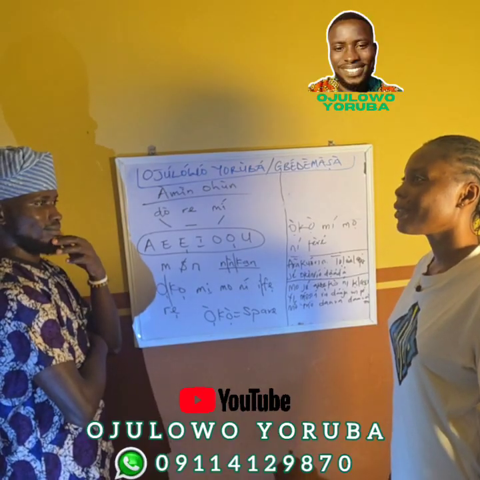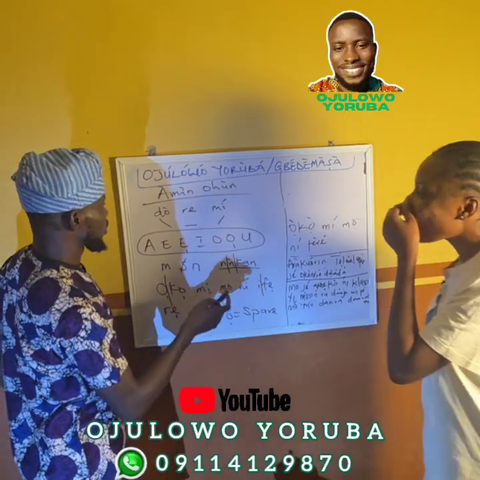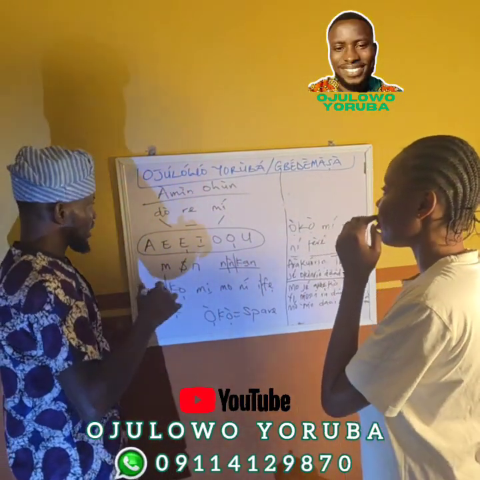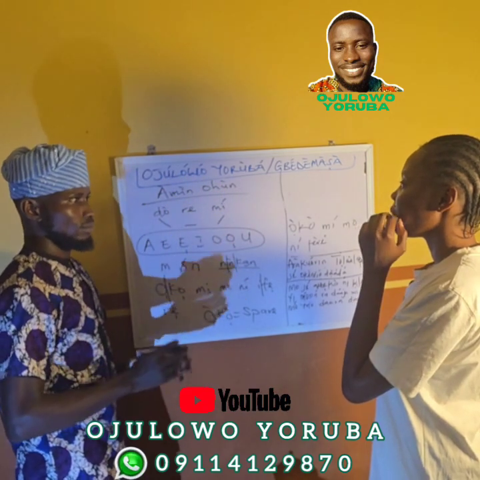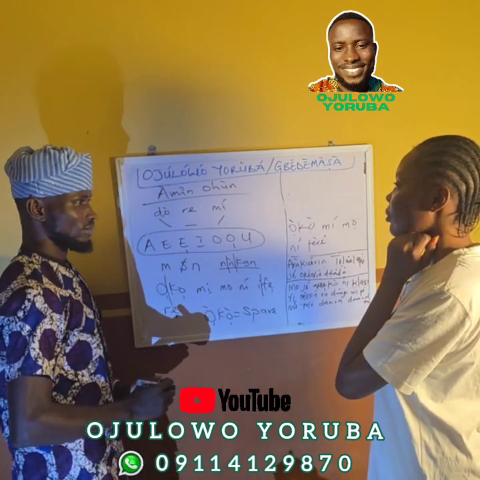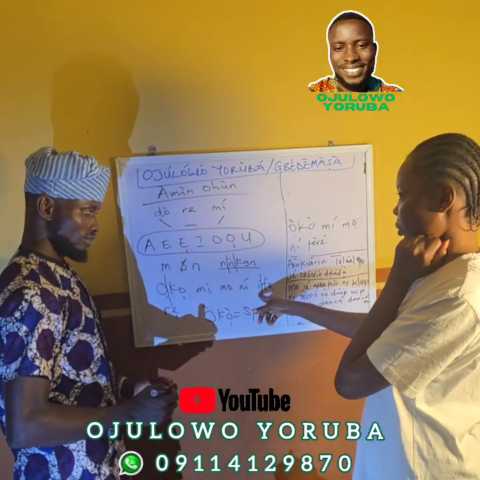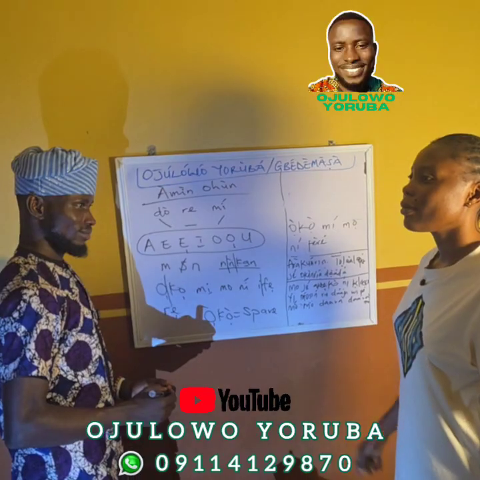You know, when you are lost, go back to the tonal marks and pronounce it deeply, like let it be sharp. Do, re, mi. Do. Fe. Do, re.